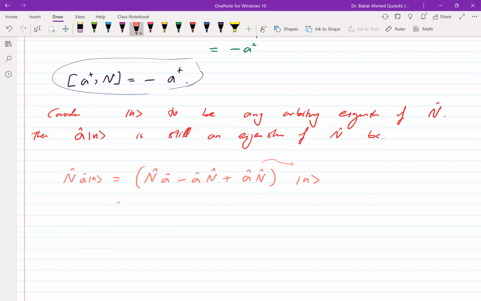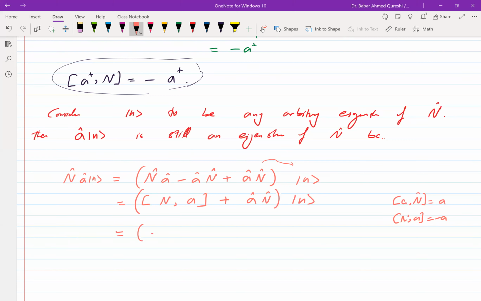So I collect them, and they form this commutator. This commutator I just computed above is A, so n A minus A n is minus A if you reverse the order.